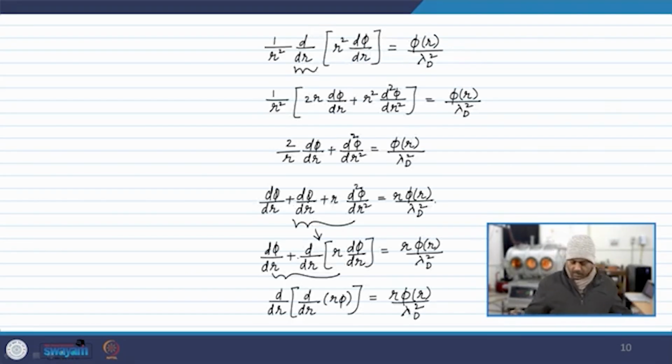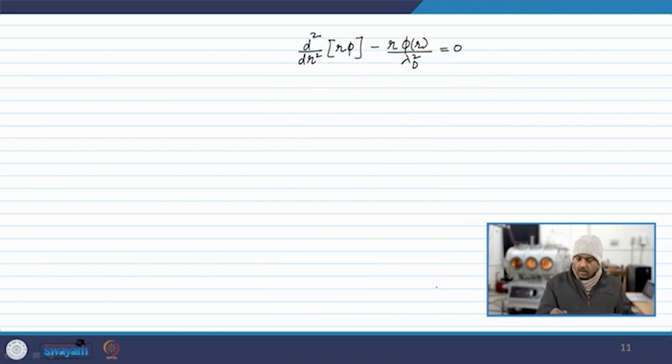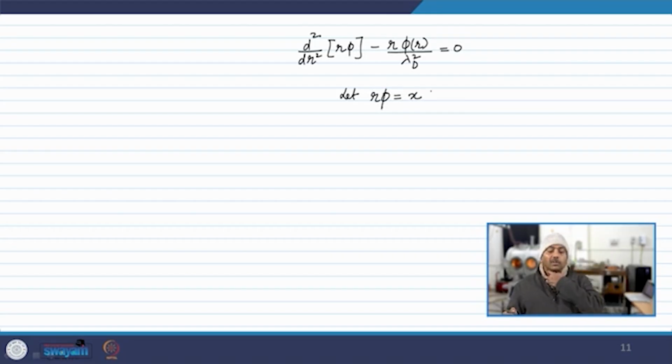You go back and see, d square by dr square of r phi minus all of this is equal to 0, right. Now at this point, let r phi be equal to x. We are changing the variables.